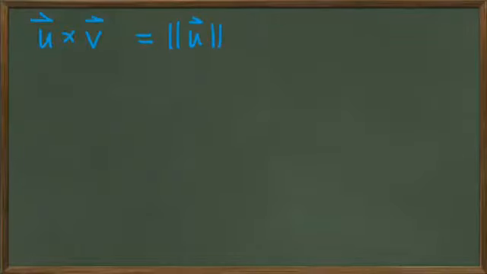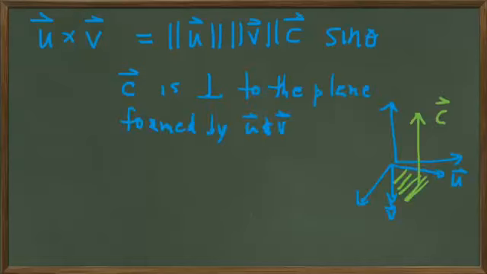It's the norm of u times the norm of v times, this time, the sine of theta, but we also need to put in a vector c, and the vector c is perpendicular. So c is defined as a vector perpendicular to the plane formed by u and v. So v is here and u is here, and they're both in the xy plane. Then the vector c would be perpendicular to that, or pointing in the z direction.